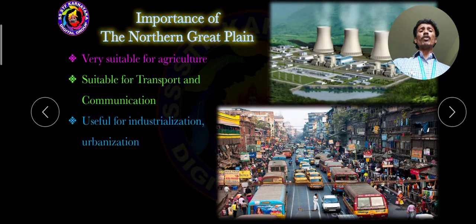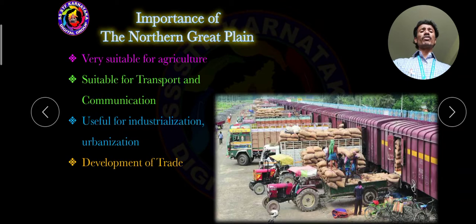Then useful for industrialization and urbanization. We can find some of the important minerals, and using those minerals is very useful for industrialization. There is agriculture as the backbone, there is transport, and there is communication. That is the reason for the growth of urbanization and development of trade.